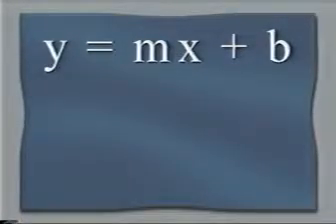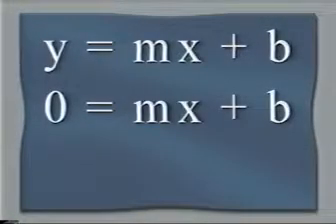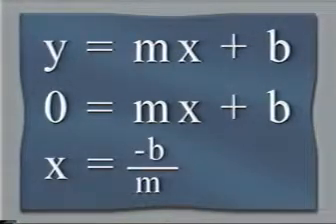We can see that if we want to solve for x when y is 0, we will get that the value of x that makes y 0 is negative b divided by m. So that is, in fact, the x-intercept. For any equation of the form y equals mx plus b, the x-intercept will be negative b over m.